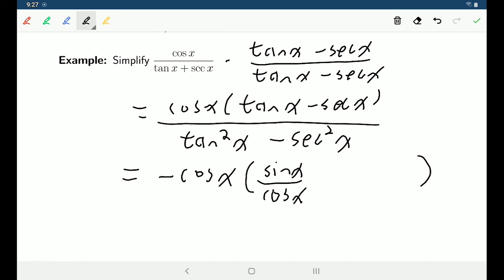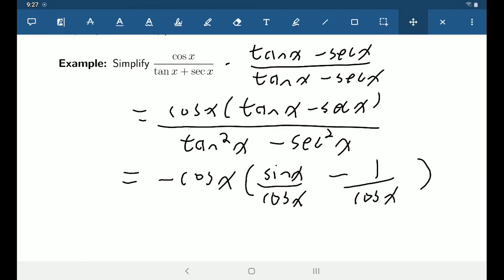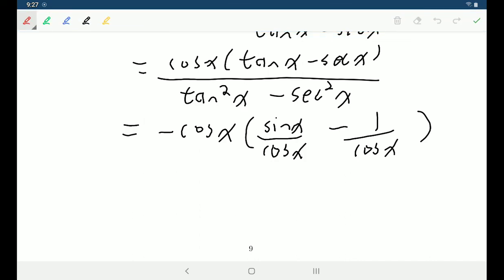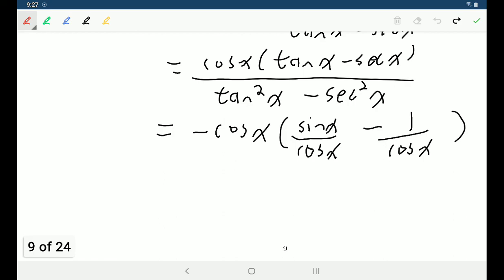So sine over cosine, that's tangent, and 1 over cosine, that is secant. And then lastly, what we need to do is just multiply things together. When I multiply the negative cos x times the tangent times sine over cosine, the cosines cancel, and I'll be just left with negative sine x.